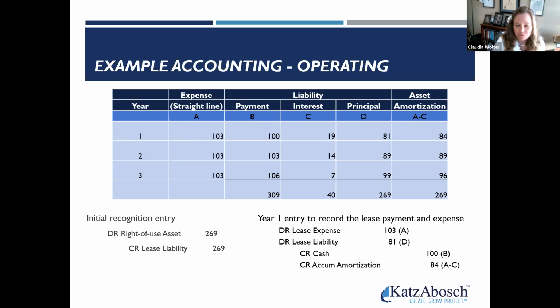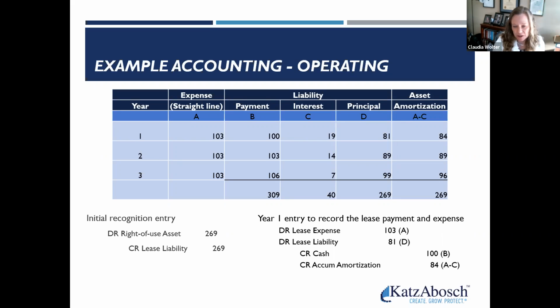In the bottom right of that slide is the actual entry to record the lease payment and the expense. We're going to debit lease expense for $103, the straight-line lease expense. We're going to debit the lease liability for $81, which is the principal portion of that payment.